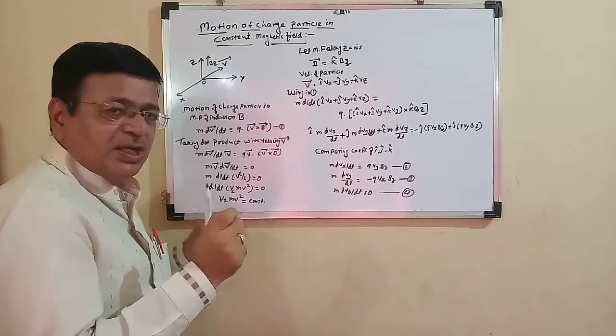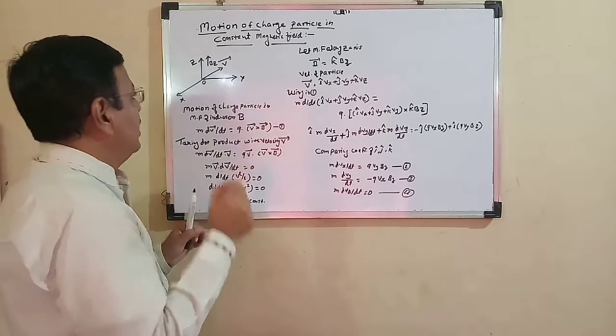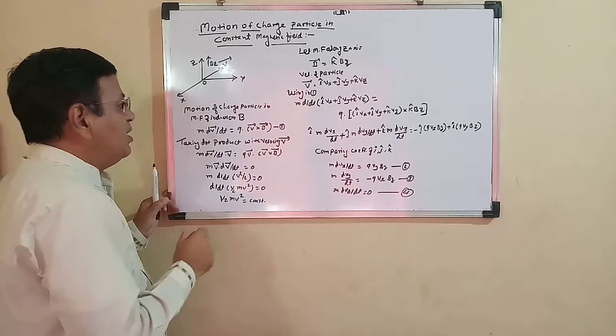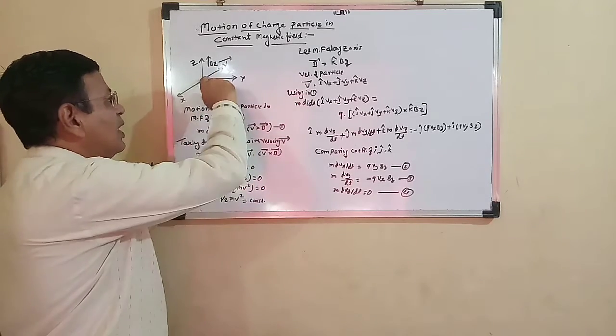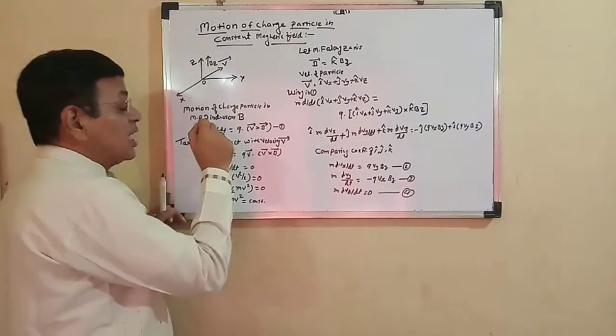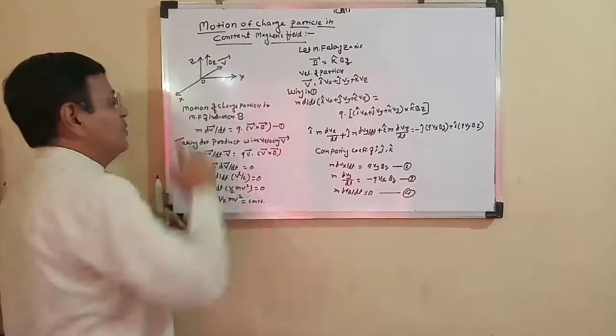Therefore, we consider the component of the magnetic field along the Z axis as Bz, and the direction of velocity of that charged particle is as shown in the figure.